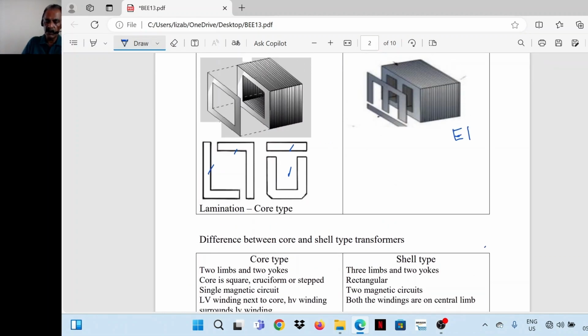So the core type transformer is like what is shown here. These are the two limbs. This is one yoke, and one more yoke. So there are two limbs and two yokes.